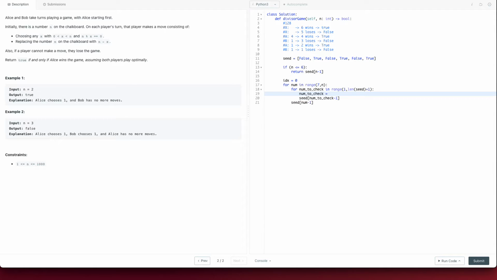So first, num to check is n. If num to check is even eligible, then we check this, and basically I'm looking for a win.